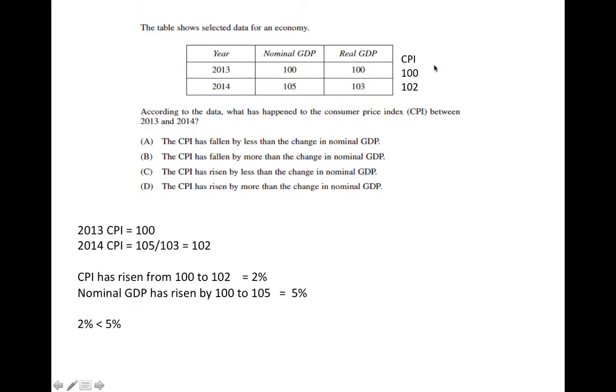So true, it has risen. It's gone from 100 to 102, it's risen by 2%, but 2% is less than 5%, which is what nominal GDP has risen by. So we can say that the answer is C. CPI has risen by less than the change in nominal GDP. All right, cool, C.